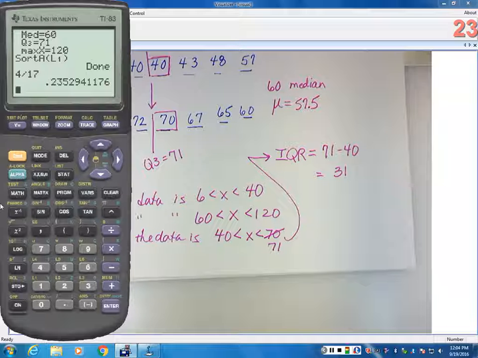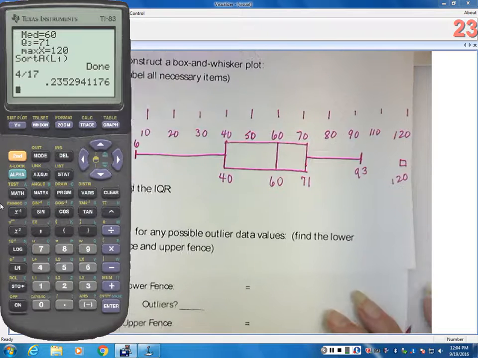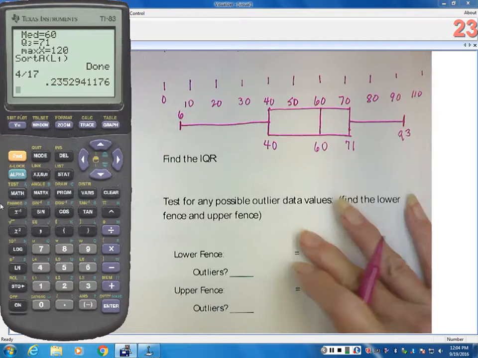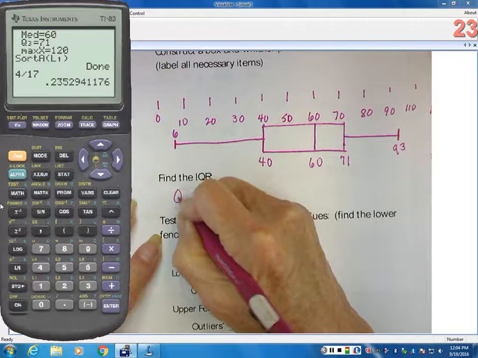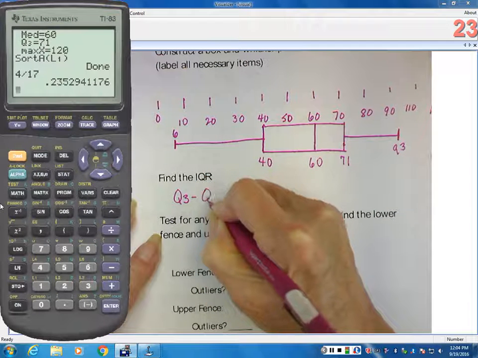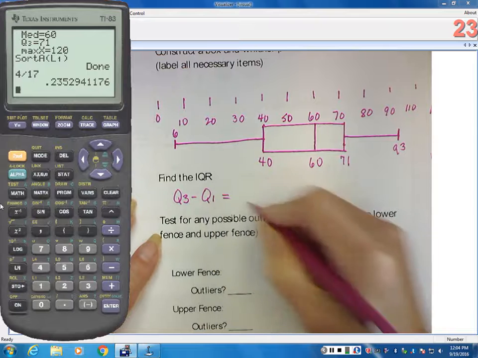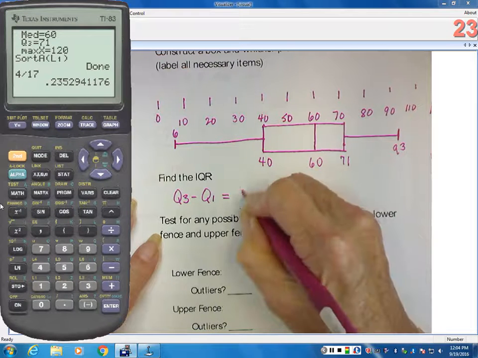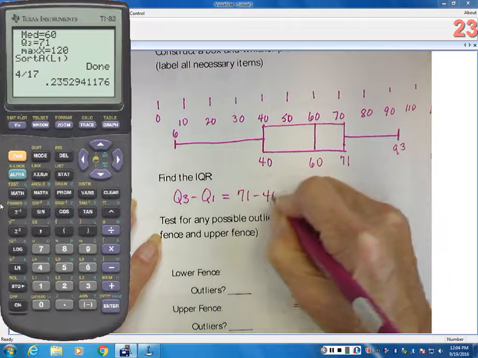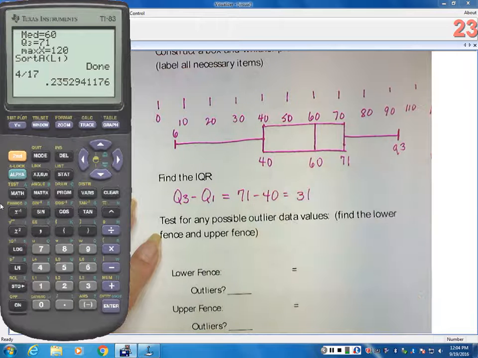And what that interquartile range lets you do is figure out what the fences are. The interquartile range is always Q3 minus Q1. So in our case, it is 71 minus 40, which was 31.